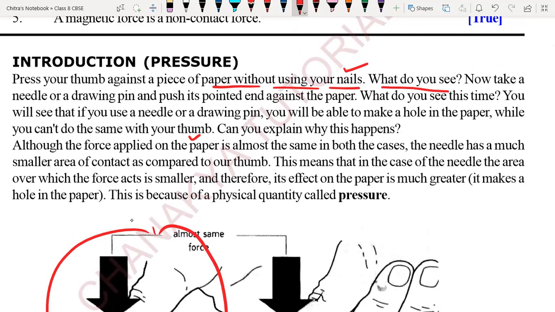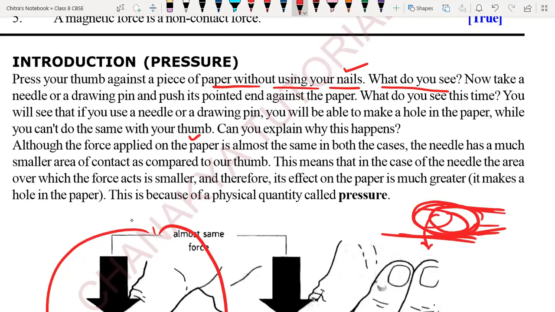It is not going to penetrate because our thumb applies force on a large surface area like this. This is a thumb. So it provides a large surface area on the paper, so it is not going to penetrate inside the paper.